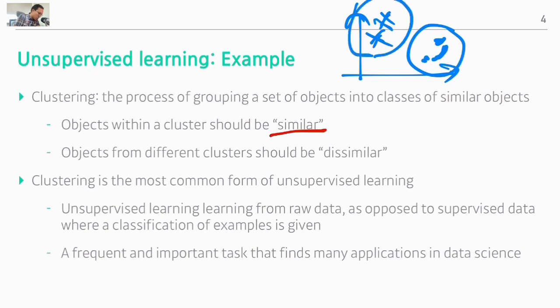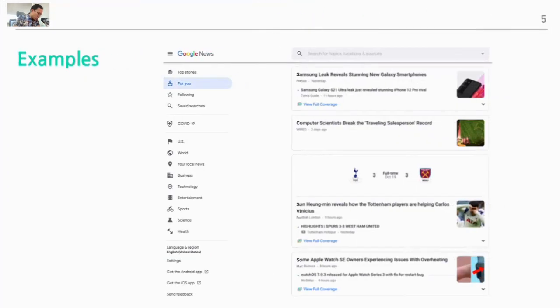They are in different clusters. So to find a cluster, we need to predetermine the concept of similarity. That is the most important concept in clustering. And clustering is the most common and frequently important task. So what is the example?